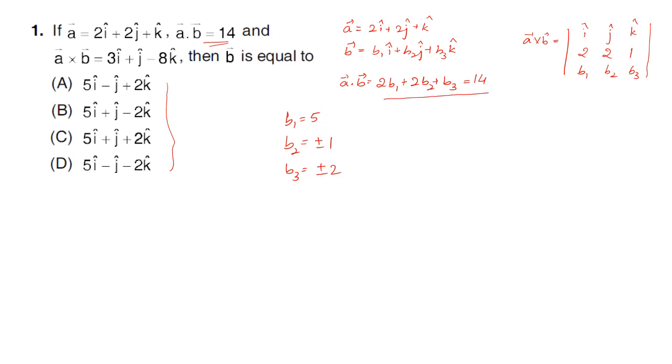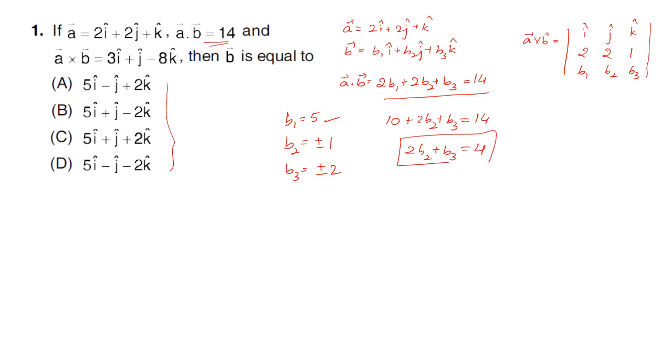From this, B1 is fixed here, B1 is 5, so 10 plus 2B2 plus B3 is equal to 14, means 2B2 plus B3 is equal to 4.